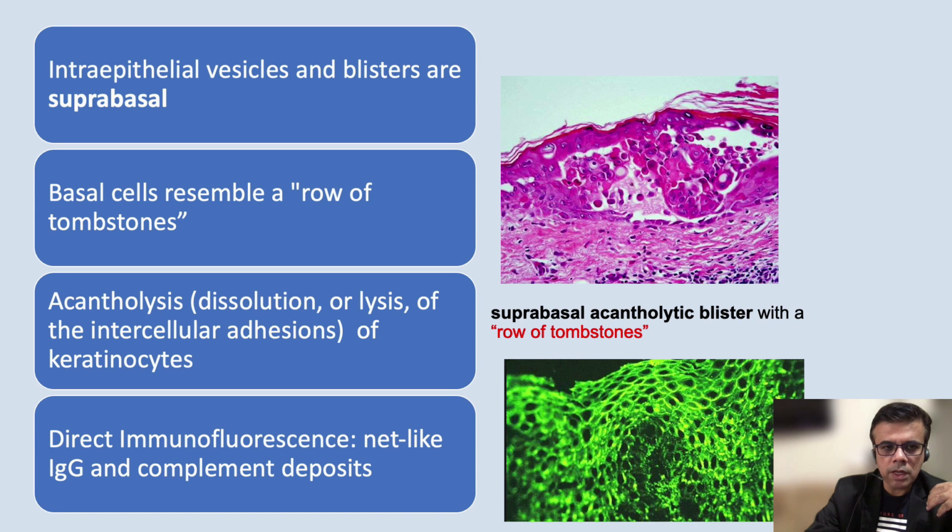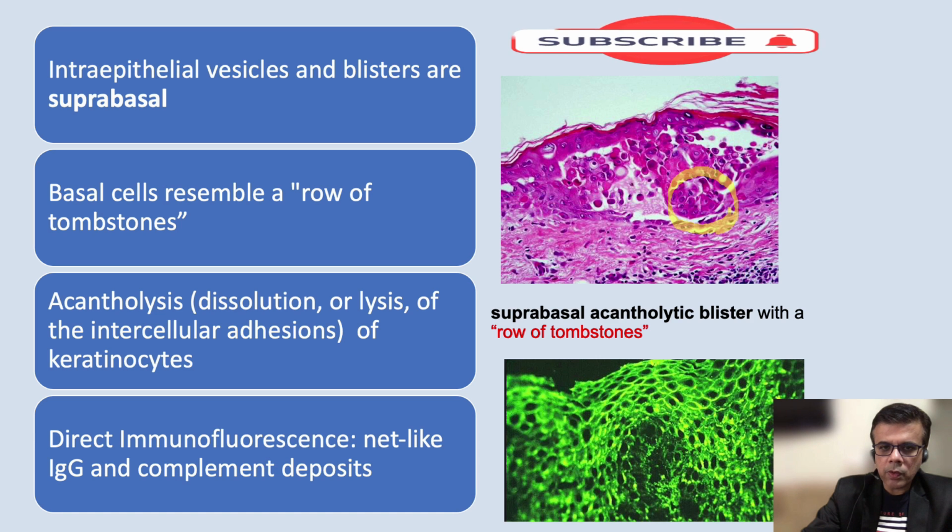In Pemphigus vulgaris, the important thing is that there are intraepithelial vesicles and blisters, and the typical location is suprabasal. Just above the basal layer, you can see the cleavage of the epidermis, and in the bullous cavity different keratinocytes become separated from each other and dispersed.